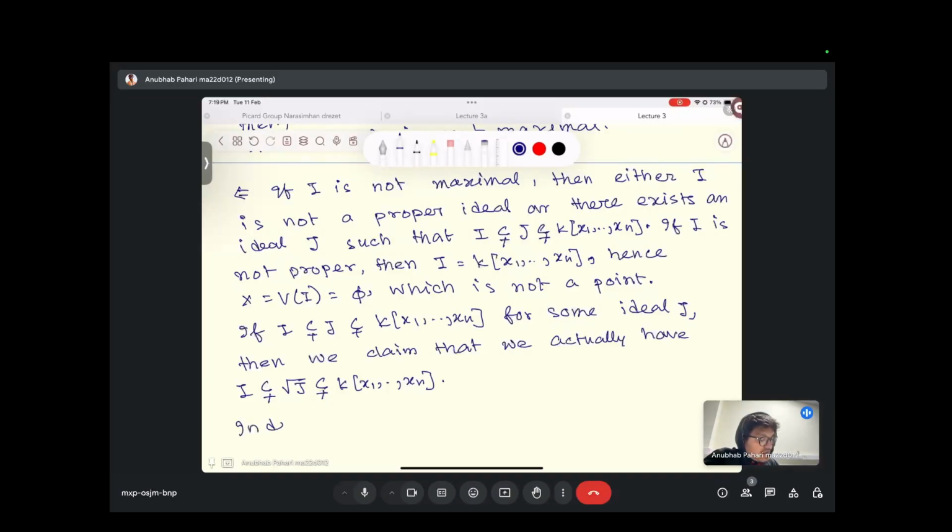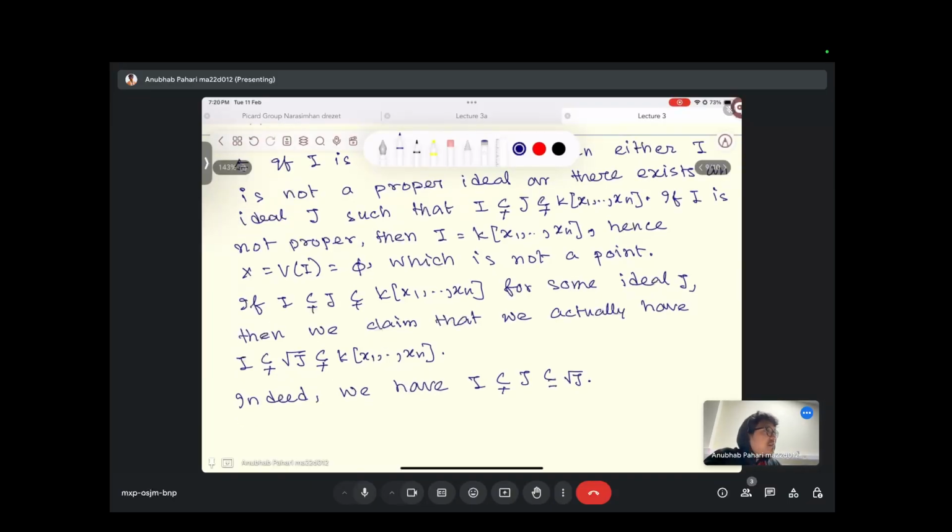Indeed, because we have I not containing J, but this may be containment or not.